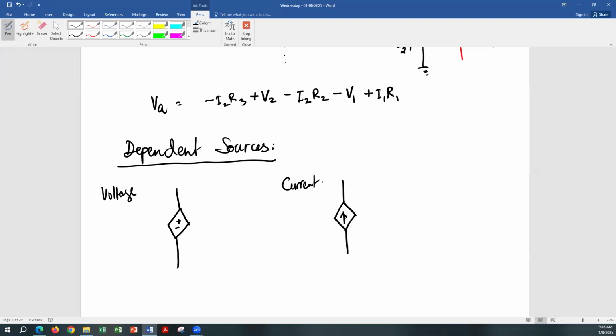That is an example of a dependent source because the output voltage depends on the input voltage. The input voltage is multiplied by the amplification factor, and the output voltage is generated. That's the circuit basically. In integrated circuits, we create those circuits. Op amps and such are basically voltage amplifiers. So that's a dependent source, which is a voltage dependent voltage source.